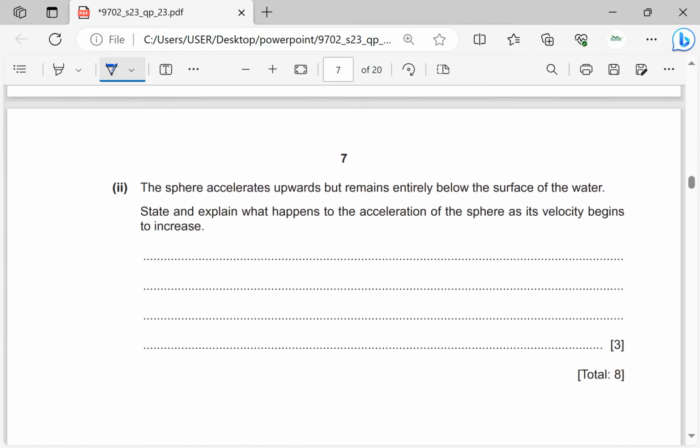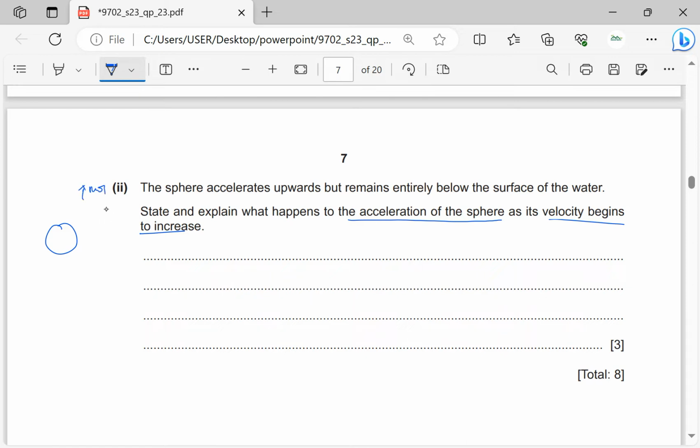The sphere accelerates upwards, but remains below the surface of the water. Let me explain what happens to the acceleration of the sphere as its velocity begins to increase. So this is the sphere. It is accelerating upwards. So motion is upwards.